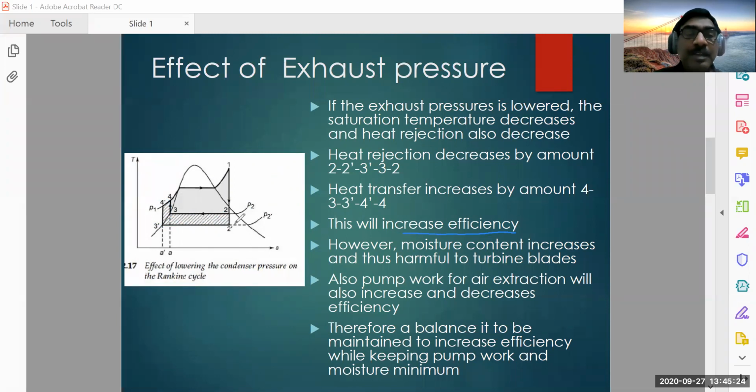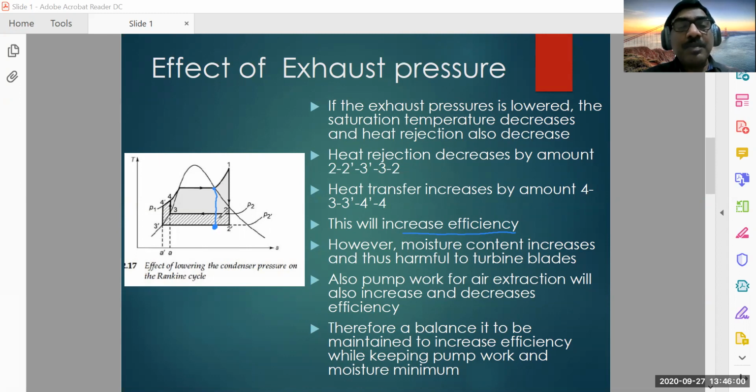When we discussed the Carnot cycle, if you stop the heat addition at the saturation pressure and then isentropically expand the steam in the turbine, then this particular point will be the point where the process ends. The effect of this is a higher moisture content.